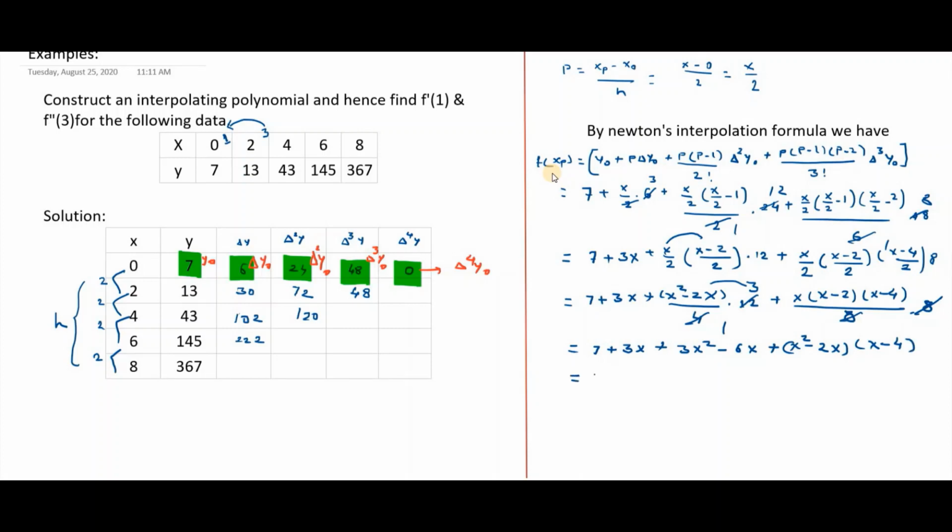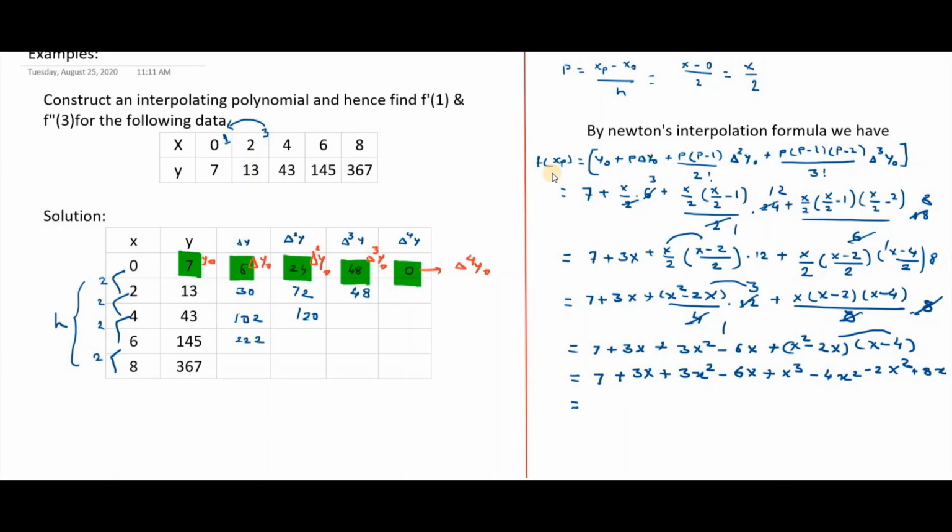This is equal to 7 plus 3x plus 3x square minus 6x plus. Simplify this, x square into x is x cube, x square into minus 4 is minus 4x square, minus 2x into x is minus 2x square, and minus 2x into minus 4 is plus 8x is equal to.